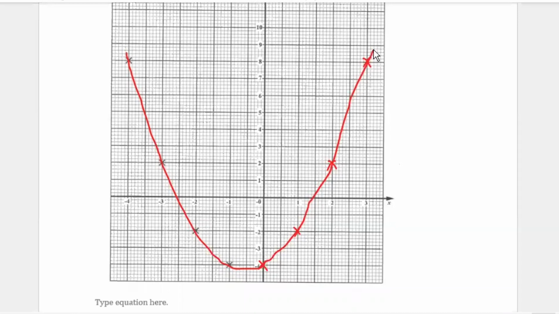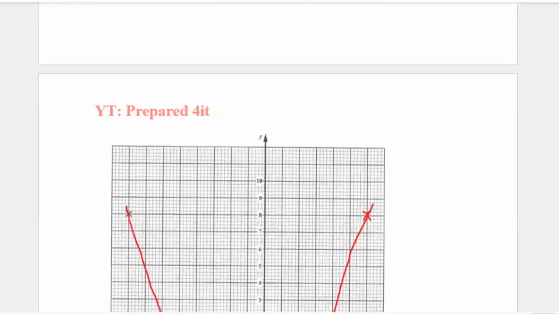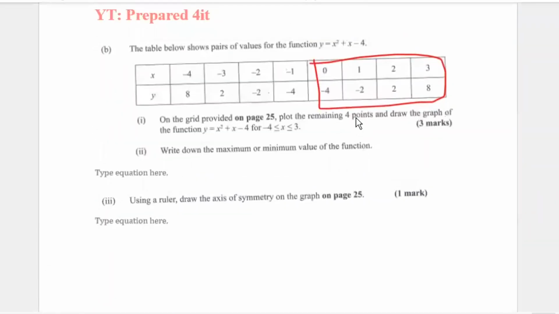Yours would be much straighter than mine, but this is what your graph should look like when you join all your points. They said we should join our points, so draw our graph. This is what we'll do, and you get your full 3 marks. First, we finish plotting our graph using the 4 missing points that were given. Then we draw our graph.